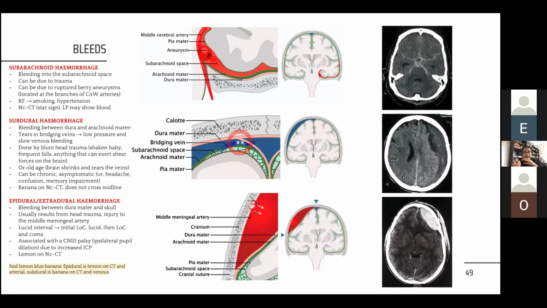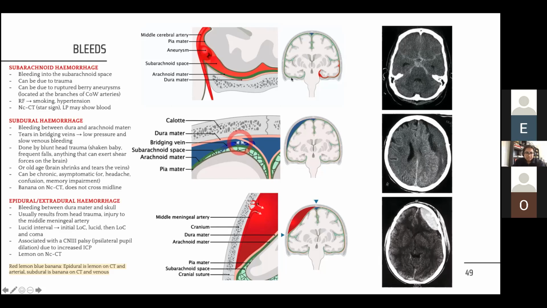So a subarachnoid hemorrhage can be due to trauma, but it's most often due to a burst aneurysm. And an aneurysm is a weakening and outpouching of an artery of the circle of Willis, as you can see here. Hypertension is a big risk factor for subarachnoid hemorrhage because it causes your aneurysms to bleed.